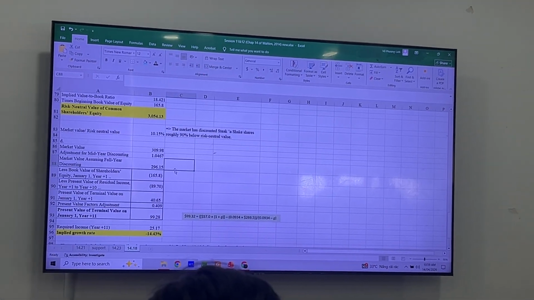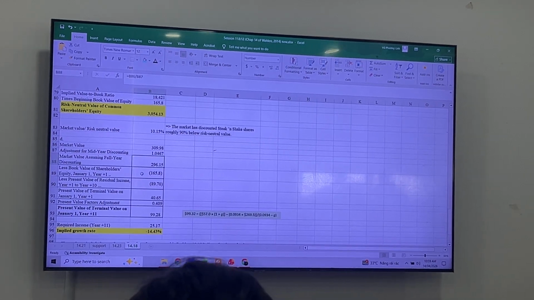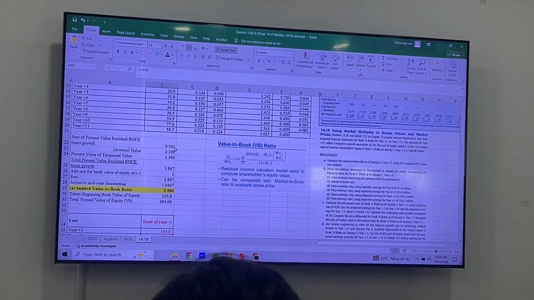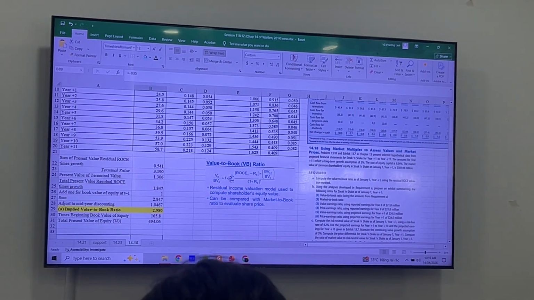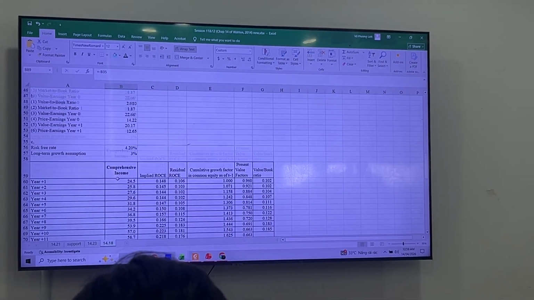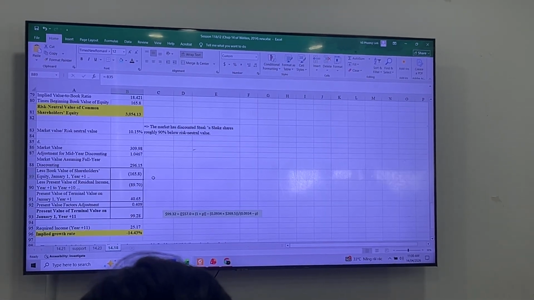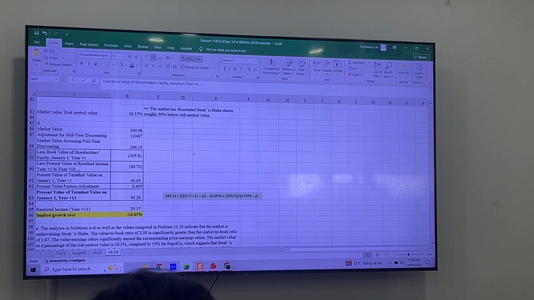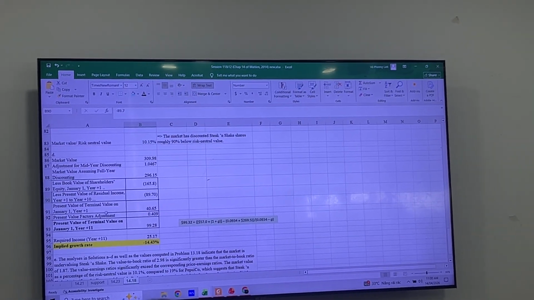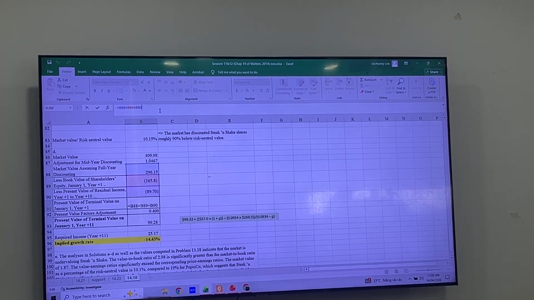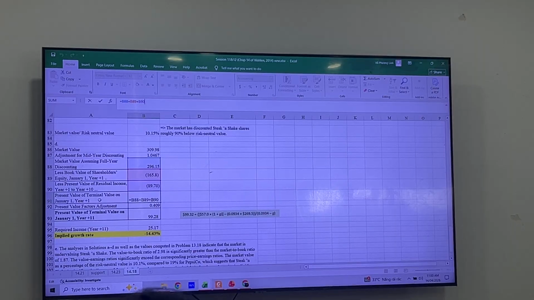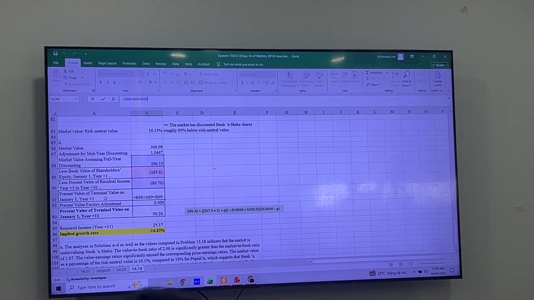Next, we need to subtract the book value of equity first. Agree, because in our formula it's not only this and this, we also have the one here. Right? I'm using the residual income model to show you. We subtract the book value of equity. We subtract the present value of the planning period residual income. And what we have after all would be the present value of the terminal value.